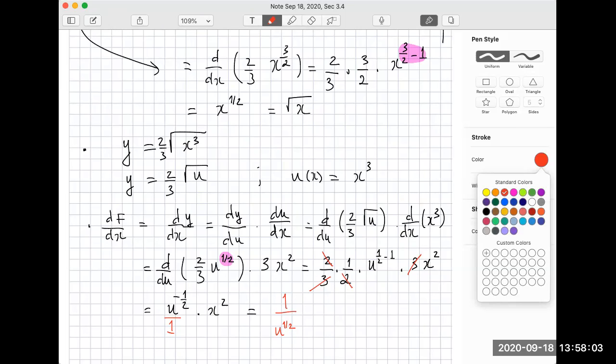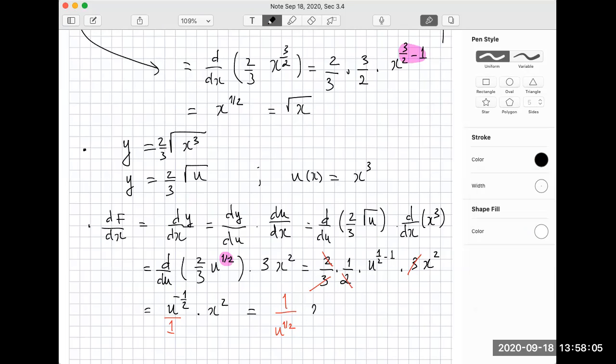And x squared, we just rewrite it. And again, it is 1 over square root of u, and u in this case is x cubed, right? Now put everything into this times x squared, okay?